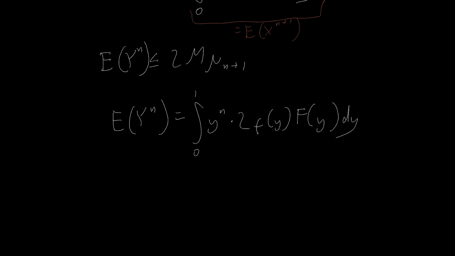Okay, so how about we go ahead and do our integration by parts little thing that we came up with. So here our function g(y) is y to the n, and g prime of y would be n times y to the power of n minus 1.